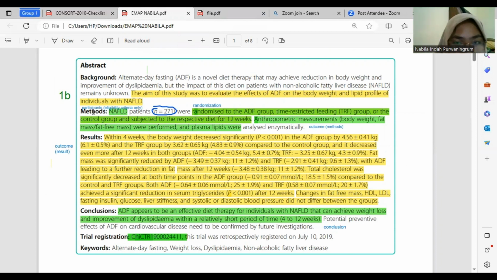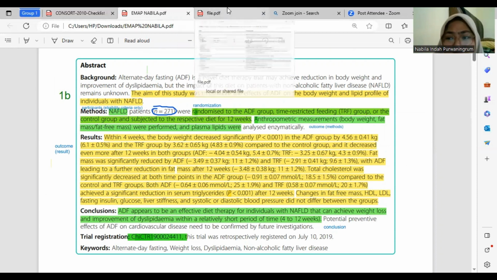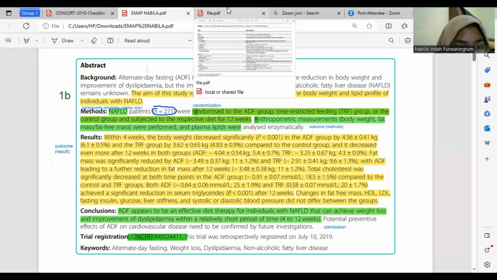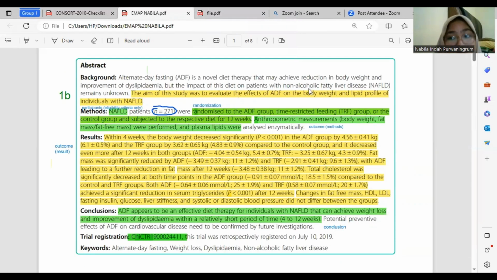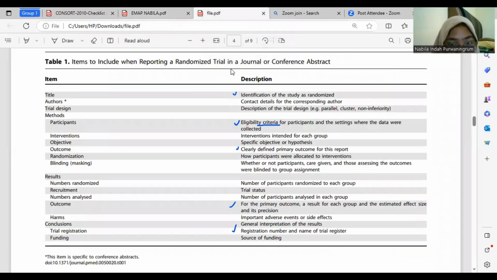This is the participant, but it only contains the eligibility criteria. Then the intervention intended for each group. I'm sorry, we can't find it. And then the objective, is it an objective or a hypothesis? Unfortunately, we can't find it here, so we need to move on.